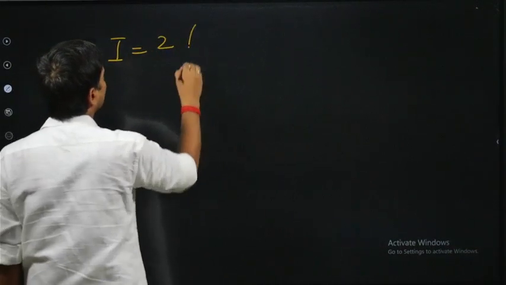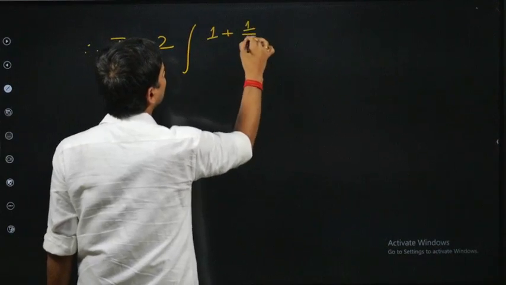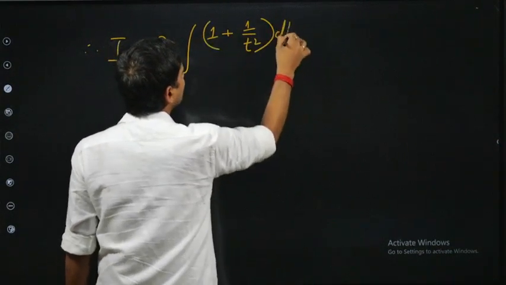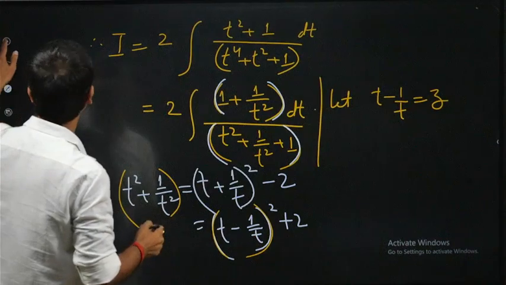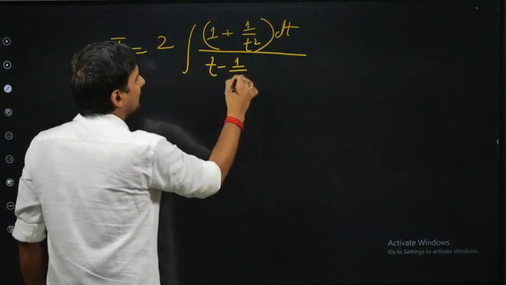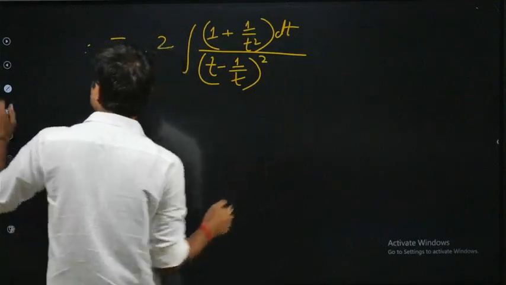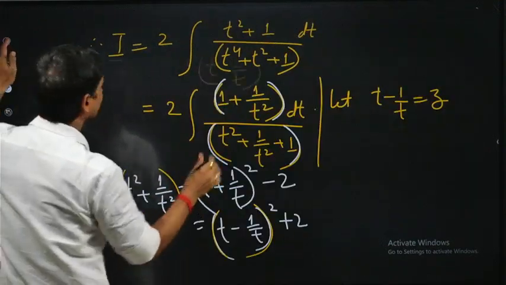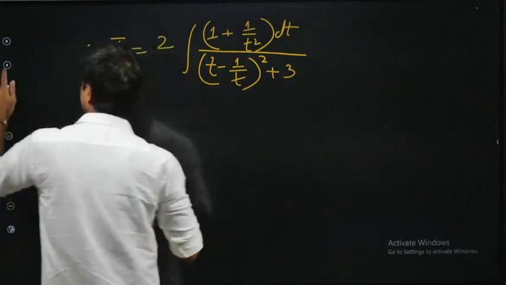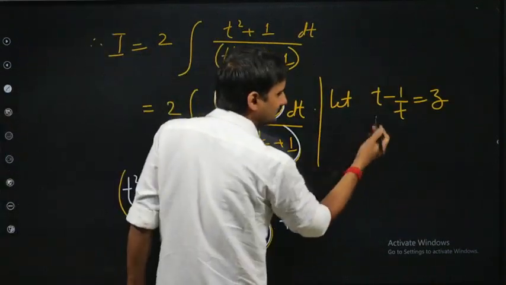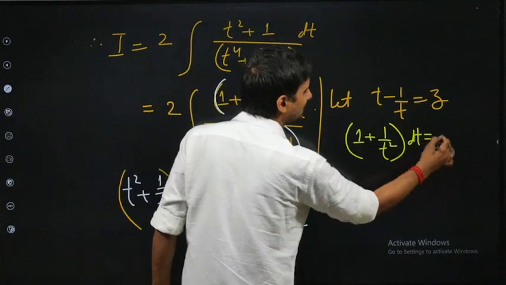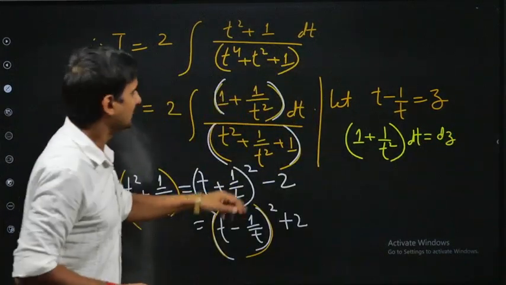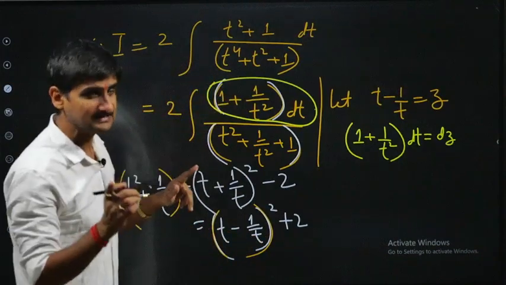Therefore the integral is 2 times (1 plus 1 by t square) dt over (t minus 1 by t) whole square, and that was plus 2, and earlier we had plus 1, so it will be plus 3 here. Now replacing this by z, you get the term which you already have in the numerator along with dt. So replace this entire thing by dz.